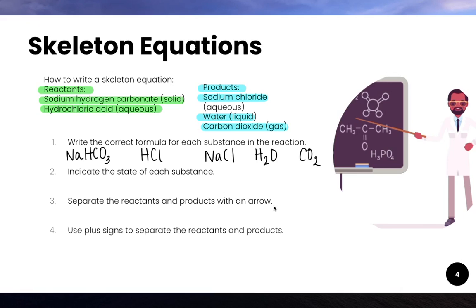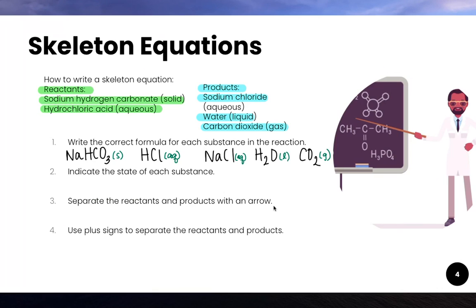Indicate the state of each substance. So we have a solid, I'm going to use a different color for that. A solid, this is aqueous solution, aqueous, liquid, and a gas.